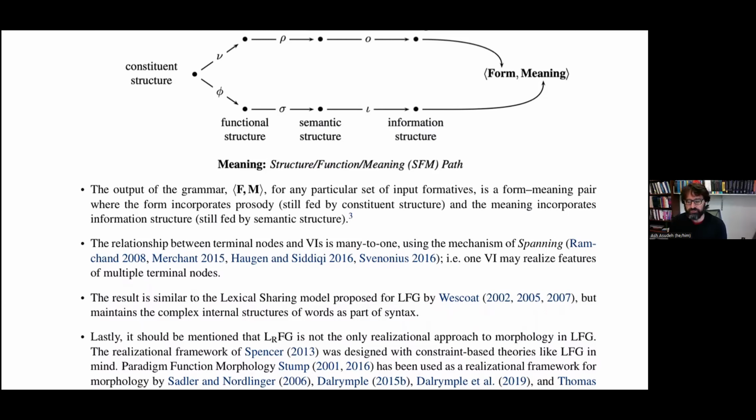The relationship between terminal nodes and VIs, so now we're talking about the V mapping, is many to one, using the mechanism of spanning. So in other words, one VI may realize features of multiple terminal nodes. The result is similar to the lexical sharing model proposed for LFG by Wescoat, but maintains the complex internal structures of words as part of syntax.